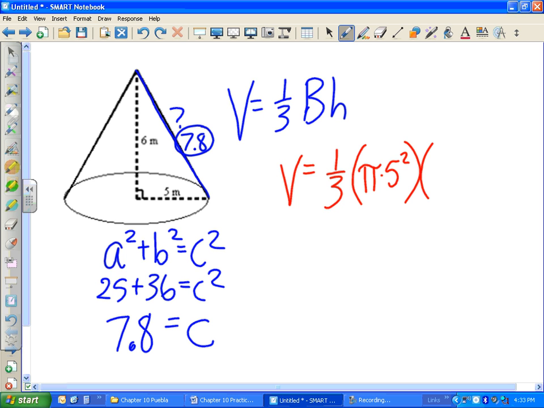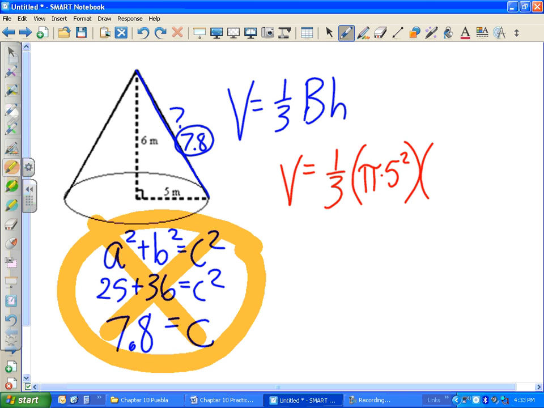Oh, my goodness gracious. Okay, what I just showed you, you don't need. When would you need it, though? When would I need to know that this is 7.8? You would need to know that it's 7.8 if, what? If I asked you for the surface area, okay?